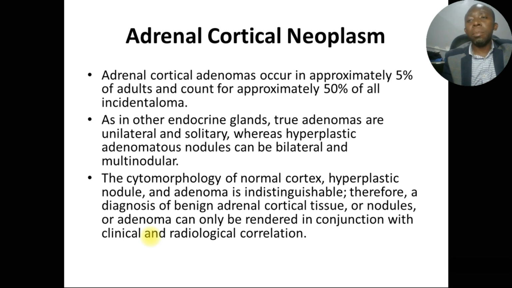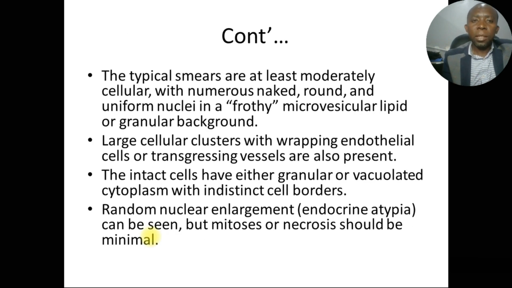So we cannot base only on the cytological or morphological appearance of the cells to draw conclusions in cases of adrenocortical neoplasm, but in conjunction with other auxiliary tests like imaging and the clinical history of the patient, we can conclude that it is an adrenocortical neoplasm.